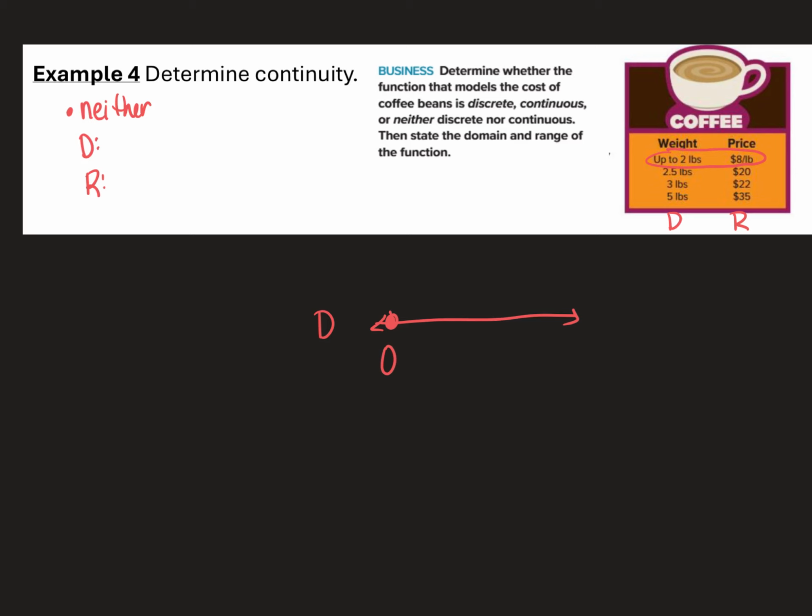From 0 to 2, and then 2.5, 3, and 5. So we really can't put that in interval notation. We can only say between 0 and 2, and then 2.5, 3, and 5. Those are our x values. That's the domain.